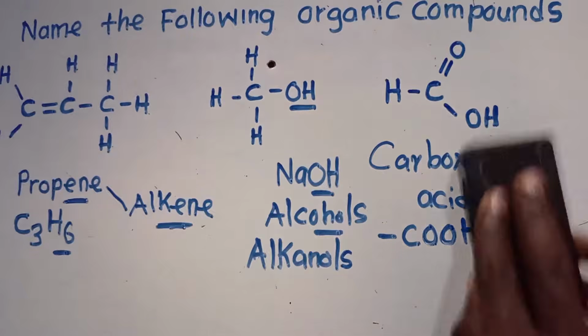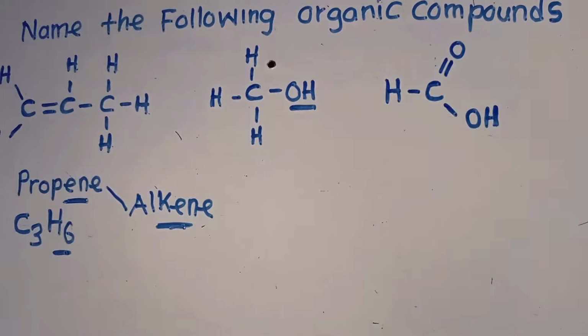There is something interesting that you need to know. There is something important that you need to understand. I'll go back to this and I'll give you other more compounds that you are supposed to know. I want to open up your mind so that organic chemistry becomes simple to you. You must be able to identify organic compounds.